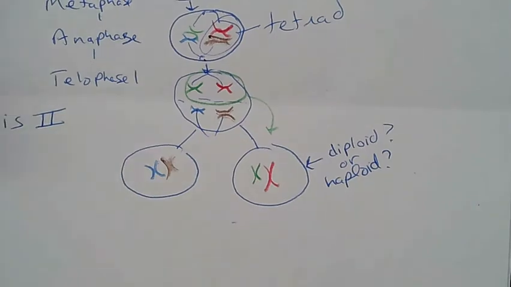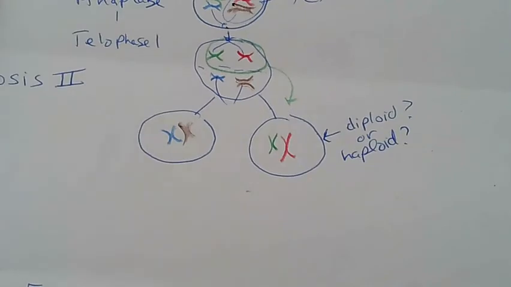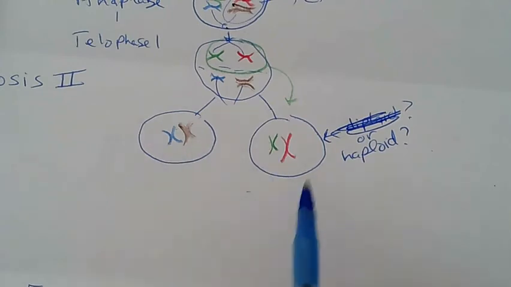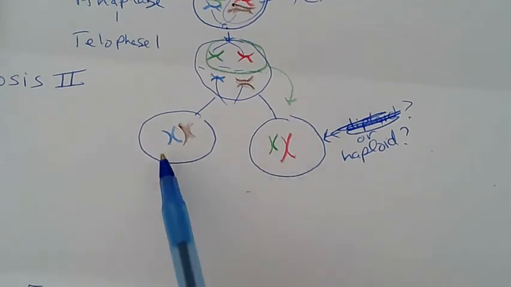Keep in mind, we started out with a diploid number of 4, and now we have a haploid number of 2, right? And yes, I know that they're replicated, but it's still 2 chromosomes in each of these cells. So now what we have to do in meiosis 2 is simply get the sister chromatids apart. So we're already at the haploid stage, but we have the copy that we made.